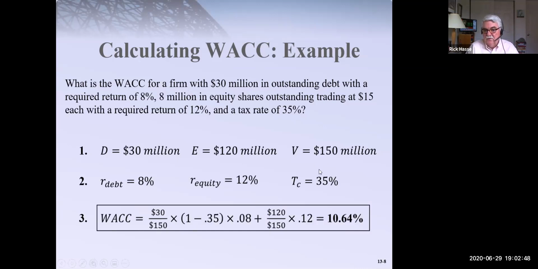Our tax rate is 35%, so we subtract 1 minus 35%, meaning 0.65 times 8%, our after-tax cost of debt. We take the relationship of $120 million equity to the total value and multiply that by 12% to get 10.64%. I'm going to do that now in a spreadsheet so you can see that.